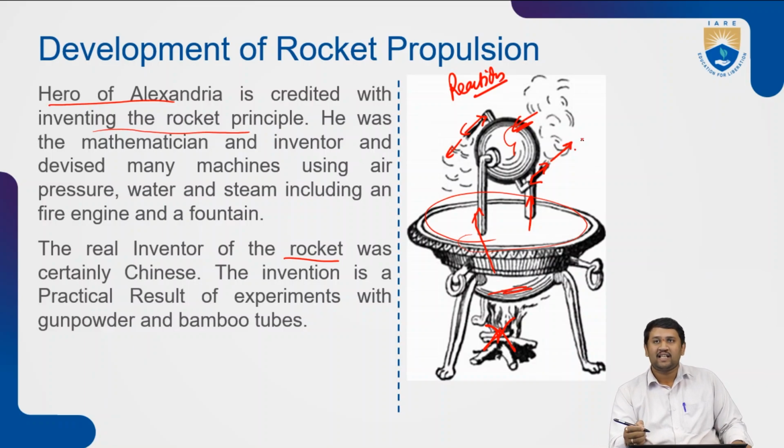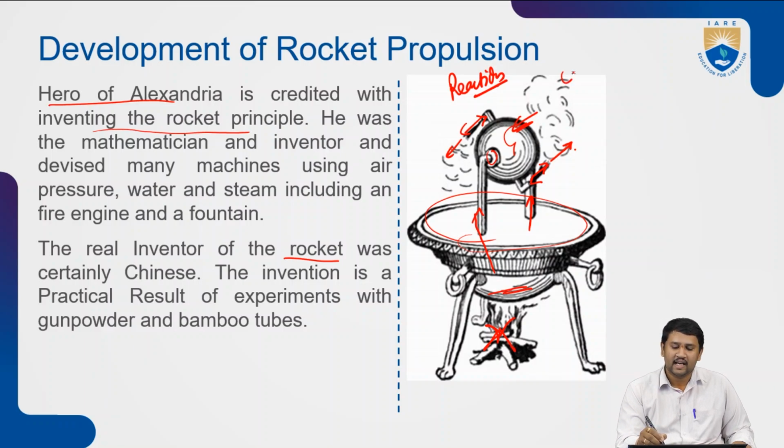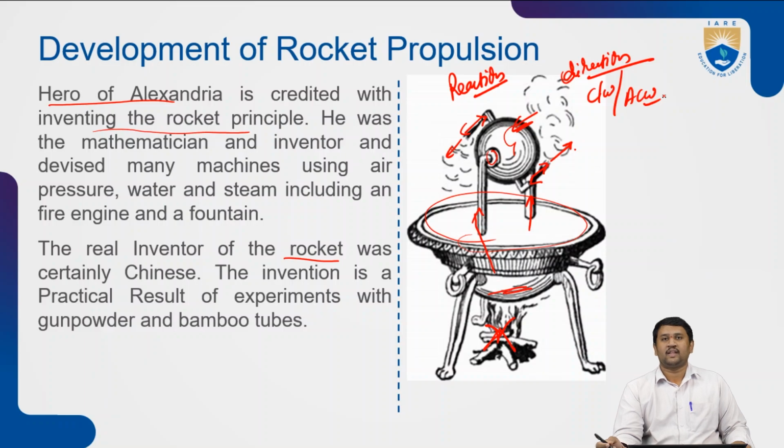Now, as the sphere is mounted on a freely moving support, due to the reaction of the steam, it tends to move in a certain direction, particularly either clockwise or anti-clockwise, right? Now, this is the basic principle for understanding the principle of a rocket, right?